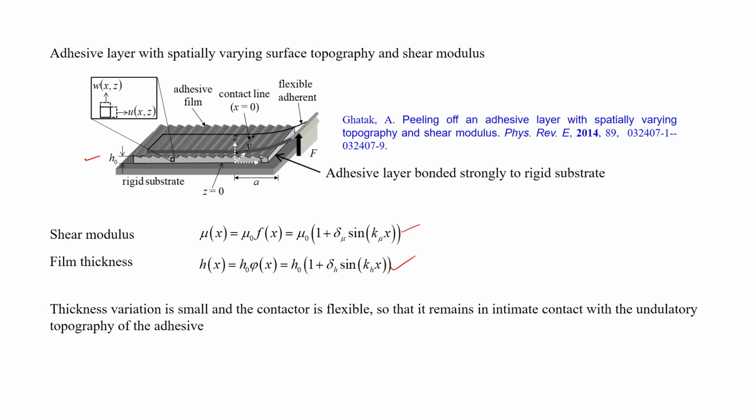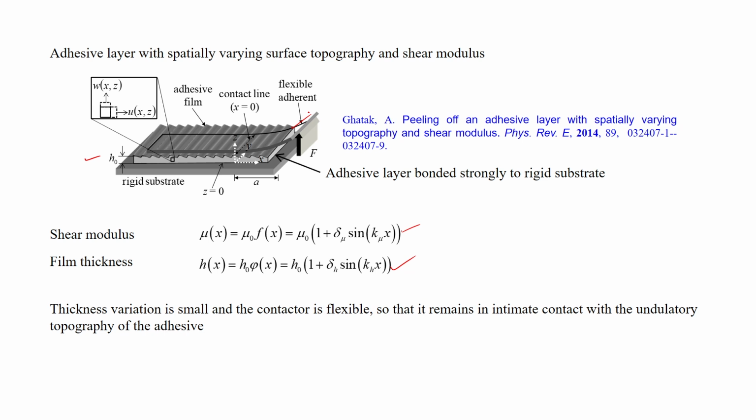Here k_h and k_mu are the wave numbers, and delta h and delta mu are the amplitude functions. The variation in thickness and modulus can be in phase or slightly out of phase; there can be all kinds of possibilities.